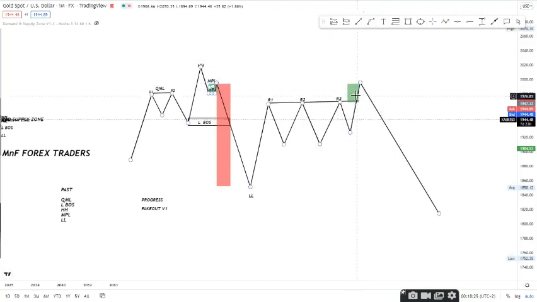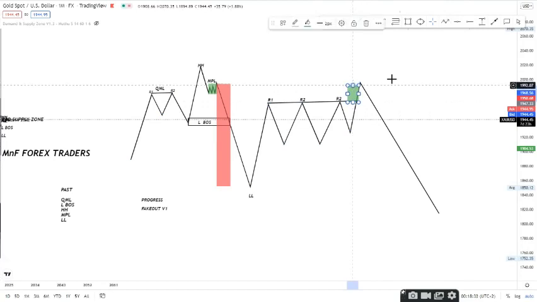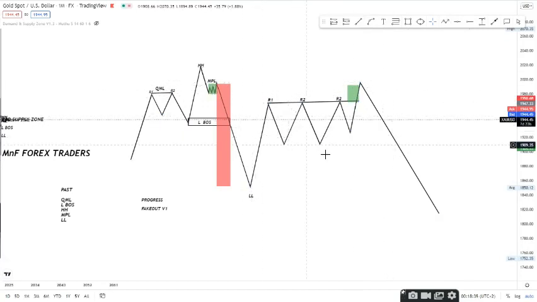There'll be a nice green candle breaking the liquidity above here and taking everyone out. That is what we call a Marubozu candlestick. Once you see that, you can get ready to sell. Of course, we are going to wait for confirmation.